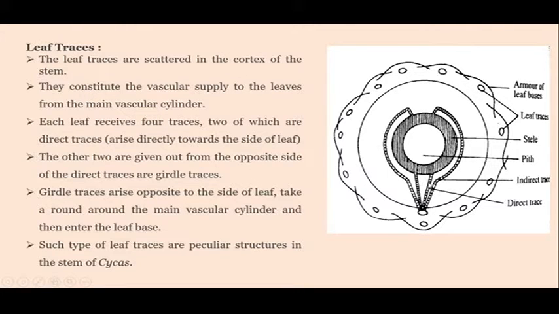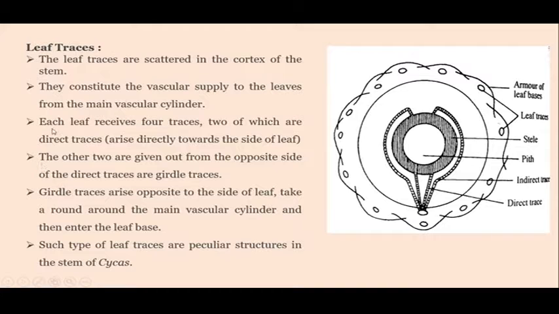These are called the direct traces. The other 2 strands arise from the main vascular cylinder opposite to the leaf, make a round around the main vascular cylinder and then enter the leaf base. These are called indirect traces or girdle traces.